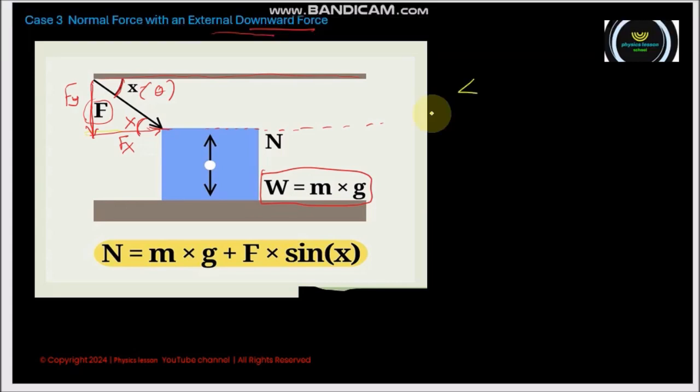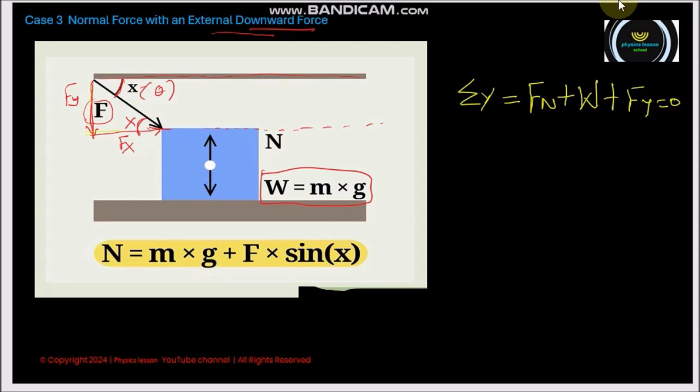The summation of all the forces across the y is given by the normal force, plus the weight, plus what is the other downward force? Fy. Fy is equal to 0.